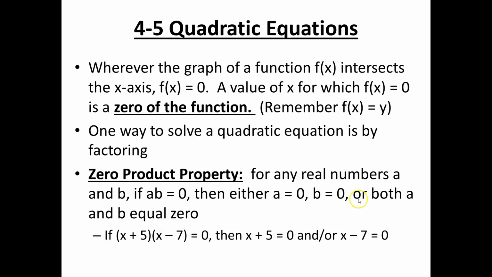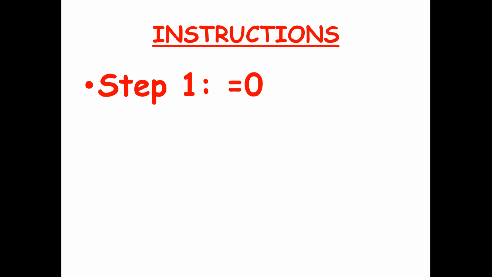Now, this next little bit is not in your notes, and I apologize because it should be somewhere in the margins. This is on my board in purple writing, but you need to write instructions on how to do this. The first thing you're going to do, step 1, is always make everything equal to 0. So that's the very first step you're going to be doing in any of these problems.